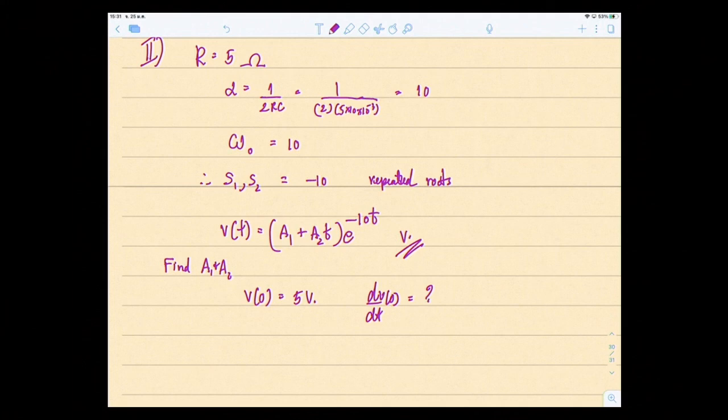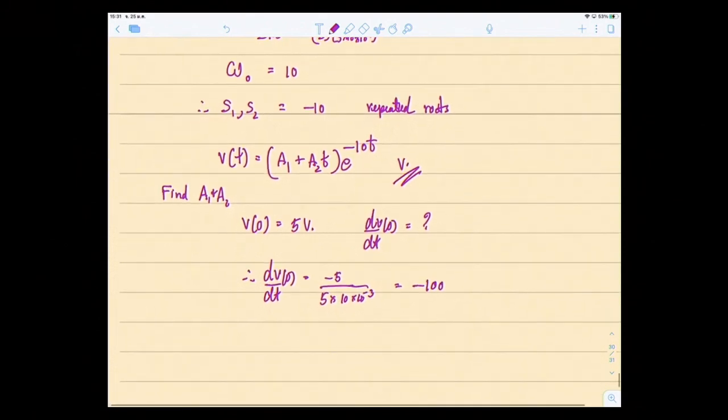The procedure is the same because it's the same problem. So in this case, dV/dt at 0 would be equal to minus 5 over 5 times 10 times 10 to the minus 3, and the answer is minus 100.